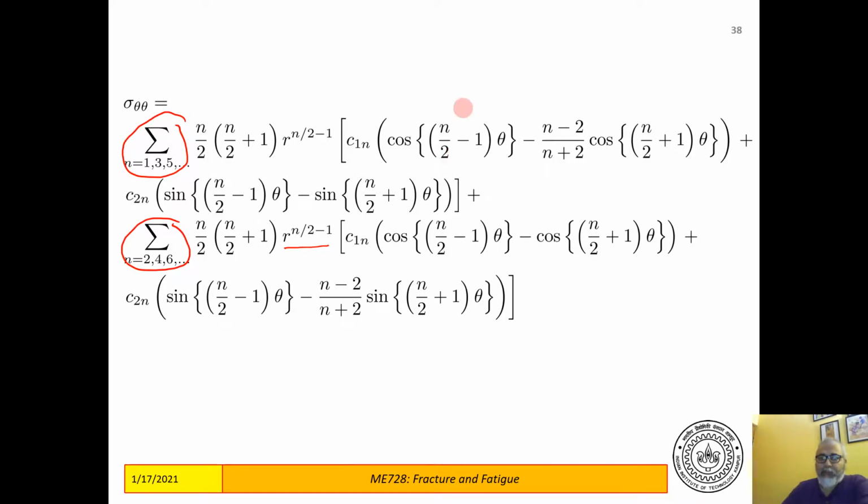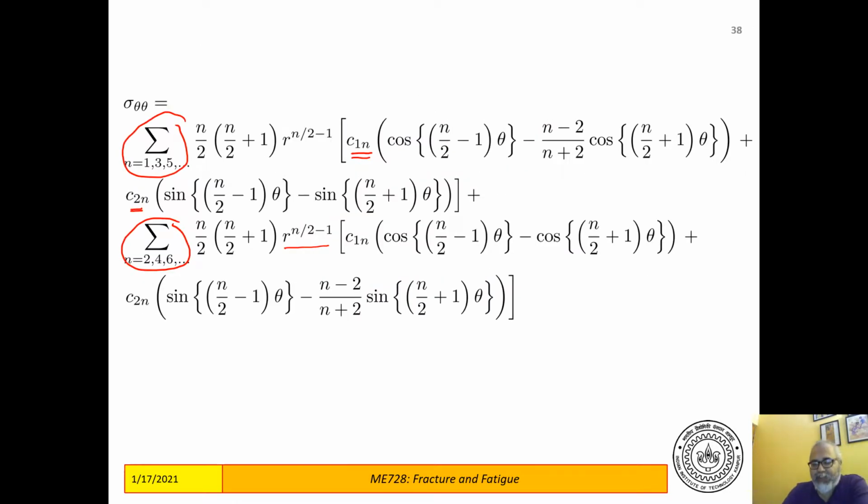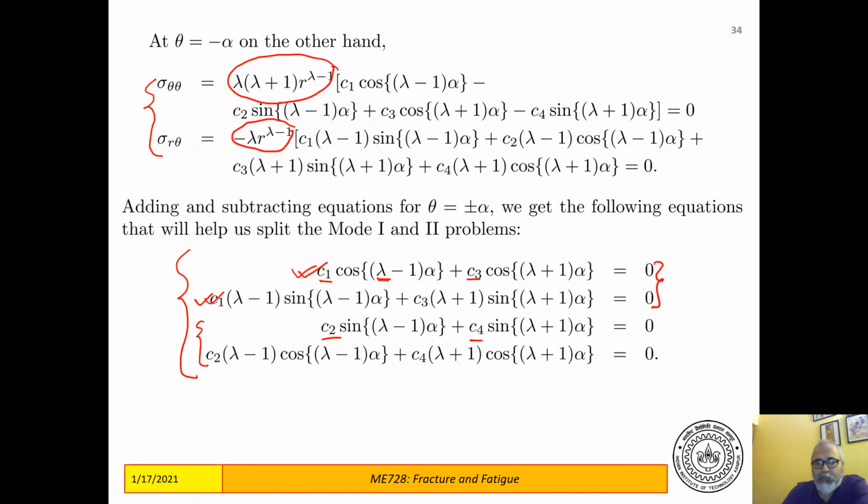And we have used only two constants, c1n and c2n in this equation. c3n and c4n, we have eliminated in favor of this equation for odd and in favor of this equation for the even terms.